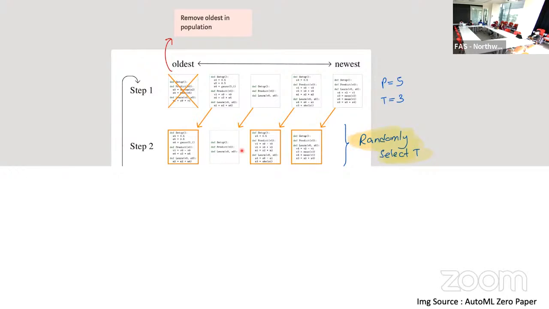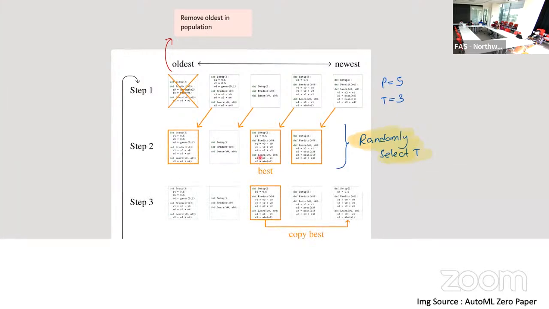Then we do something called tournament selection, where that constant is also arbitrary. If we take t equals 3, in the next step we randomly select 3 algorithms and see which one performs the best. So we had 5, we eliminated the oldest, and we took the remaining 4. Based on this tournament selection T, we randomly pick some algorithms and select the best one.